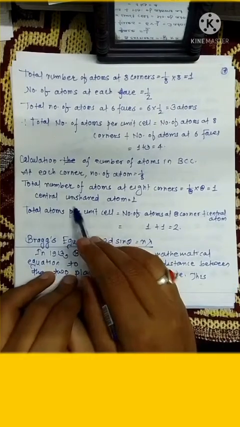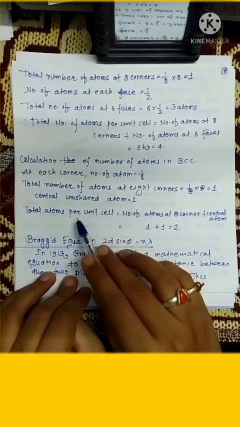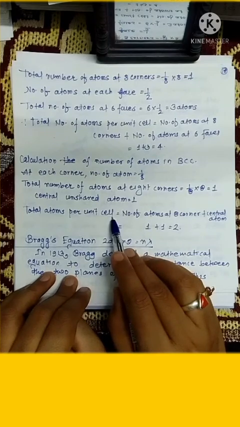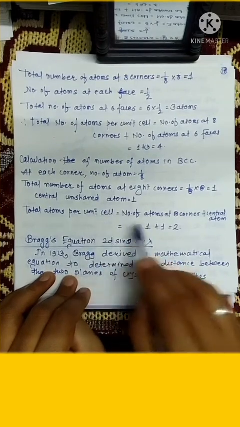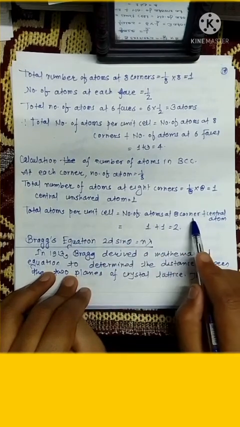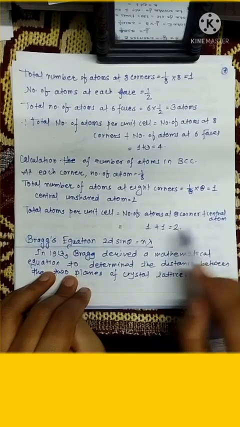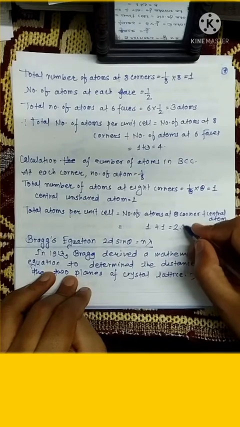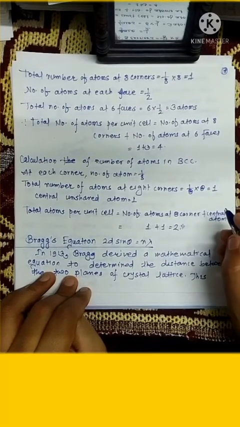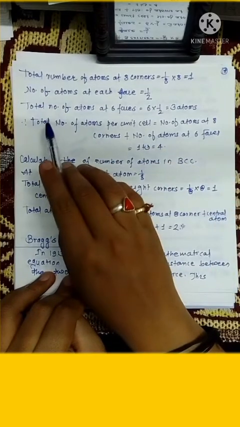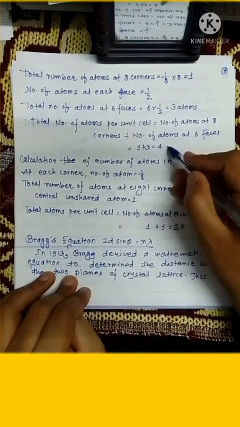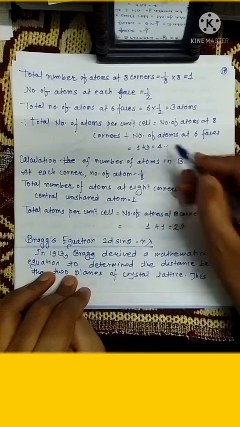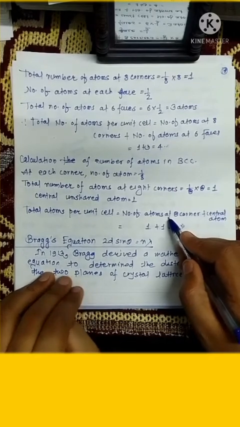So the central unshared atom is equal to 1. So the total atoms per unit cell is equal to the number of atoms at corners plus the central atom. So 1 plus 1 is equal to 2. Generally a short question is asked on this. They generally ask the total number of atoms present in an FCC type or BCC type unit cell.